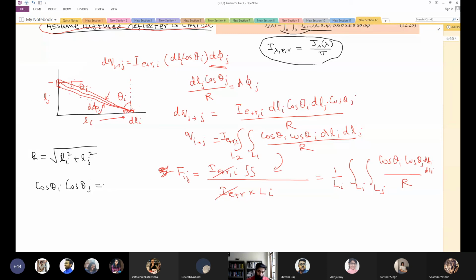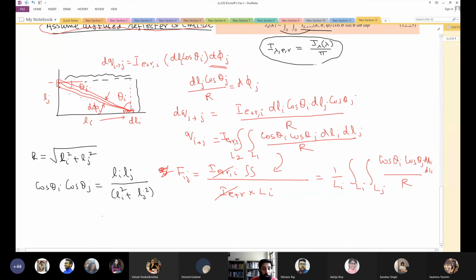Li Lj divided by Li square plus Lj square. If you just look at this triangle, you will know that cos theta i is Li divided by this, and cos theta j equals Lj divided by this. So this is Li times Lj divided by the product of these square roots, which gives Li square plus Lj square.